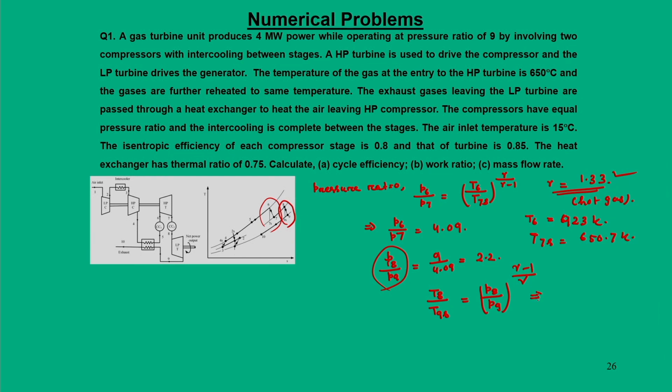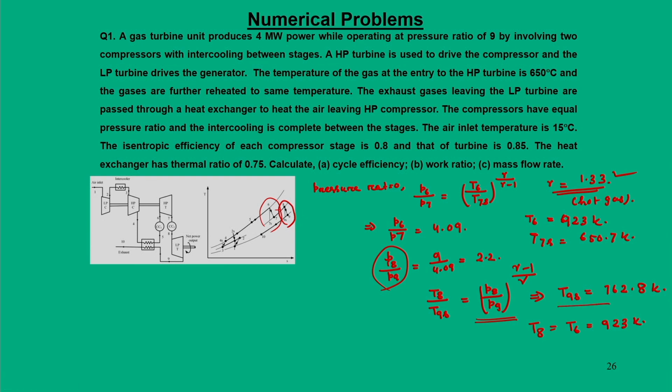From this equation T9s would be equal to 762.8 Kelvin, because we know P8 by P9, and T8 is nothing but T6, that is 923 Kelvin.